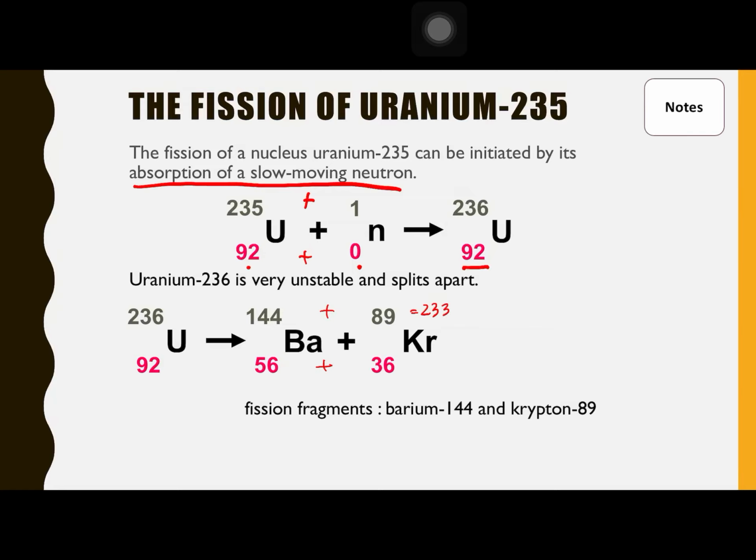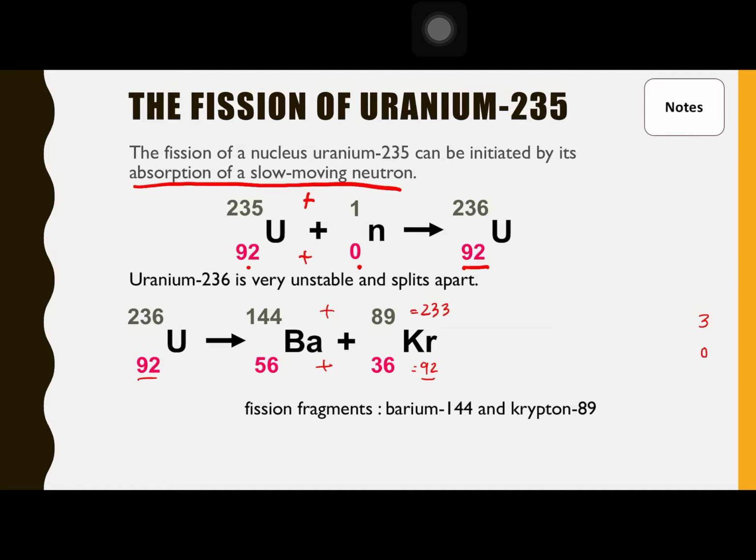But on the left-hand side it is 236, which means at the top I should still have three particles. Now take the bottom numbers on the right-hand side: 56 plus 36, you get 92. Does it match? It matches, which means I have no more protons, but 3 neutrons.